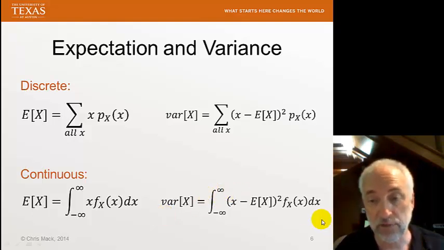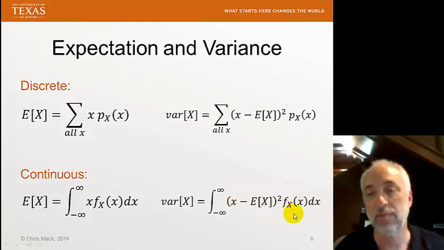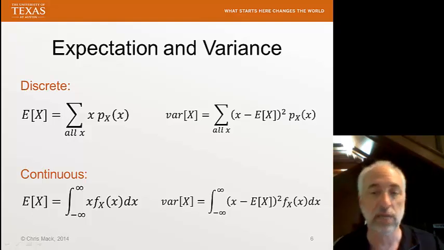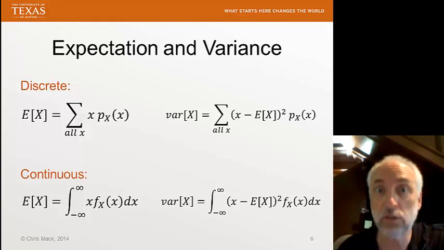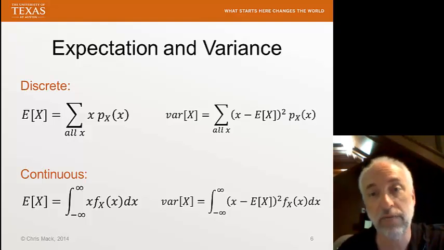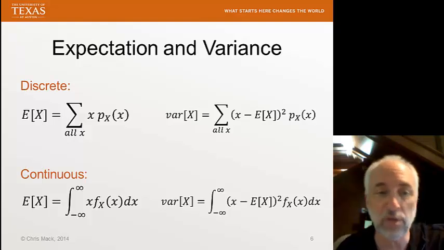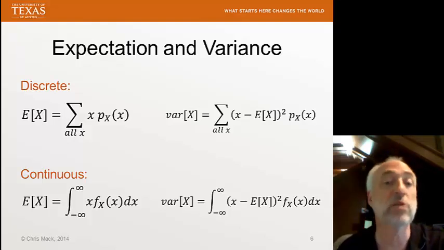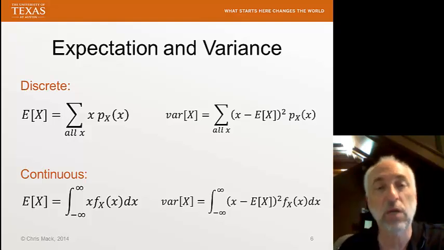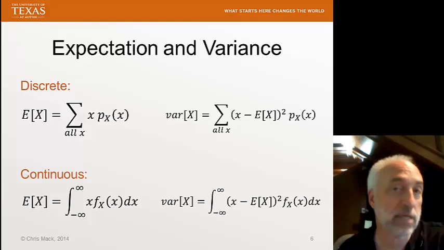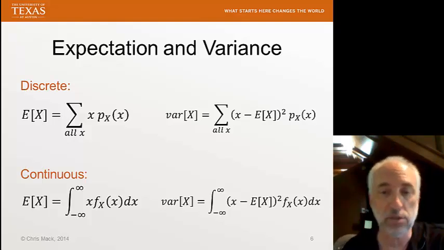The variance is the integral over all values of x minus its expectation quantity squared times the PDF, integrating with dx. So just like we could calculate for any discrete random variable distribution the expectation and variance, if we know the PDF of our continuous random variable, we can also calculate the expectation value and the variance using these formulas.